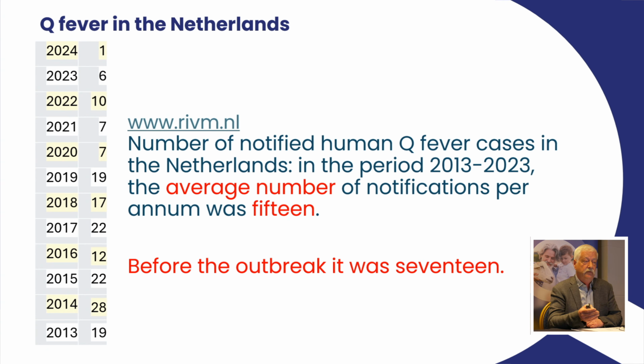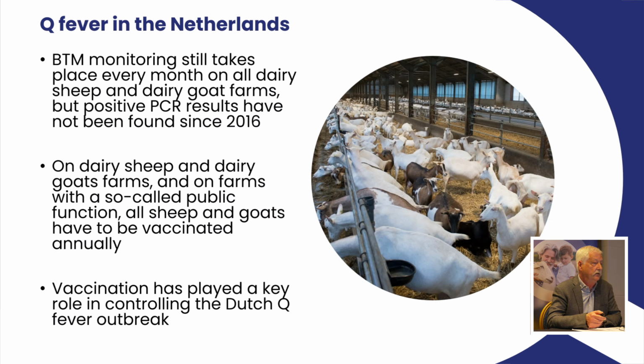Although a lot of attention has been paid to what was going on, a lot more measures and a lot more investigations on humans with clinical science performed, still the number is very, very low. A short overview of what's going on now. Bulk tank milk monitoring using a PCR still takes place on every dairy sheep and dairy goat farm every month.